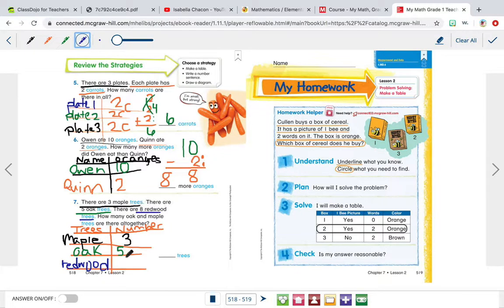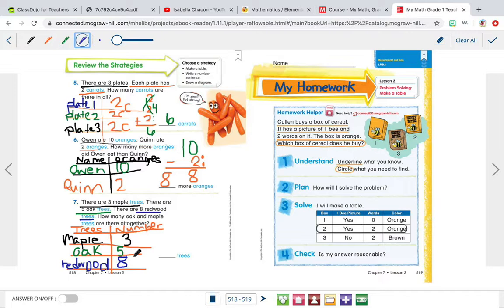There are 8 redwood trees. So we have 3 maple, 5 oak, and 8 redwood. How many oak and maple trees are there all together? So we're going to look at oak and maple. We're not going to look at redwood. They're not asking for how many trees are there all together. They're only asking for maple and oak.